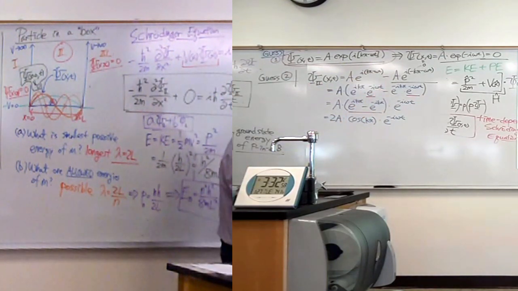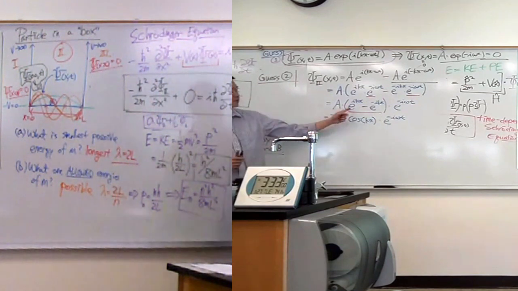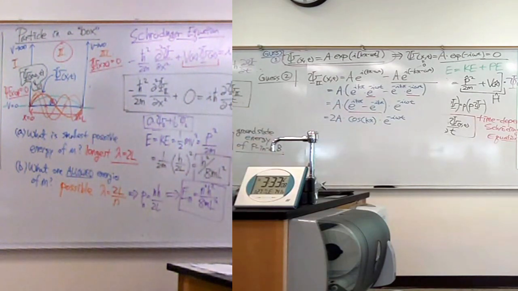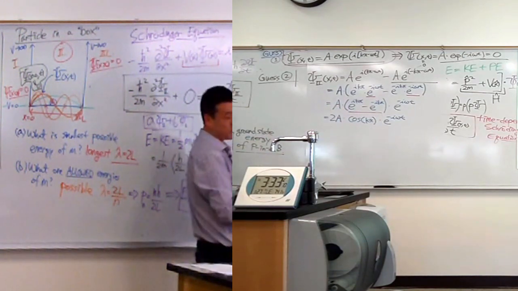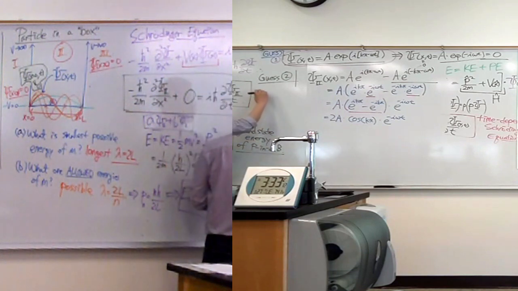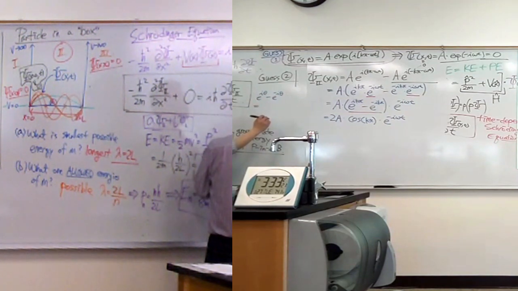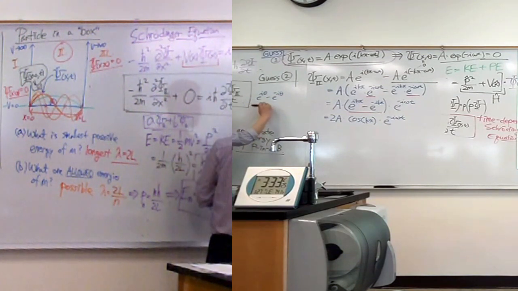So let me just write it down so that I'm sure I remembered the formula correctly: e to the i theta minus e to the minus i theta should be equal to 2i times sine of theta.